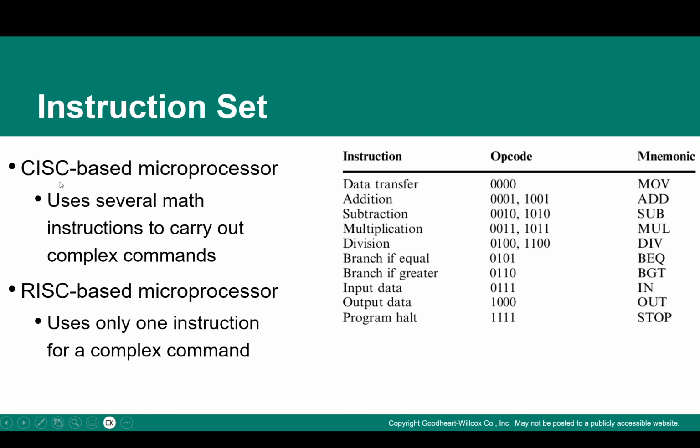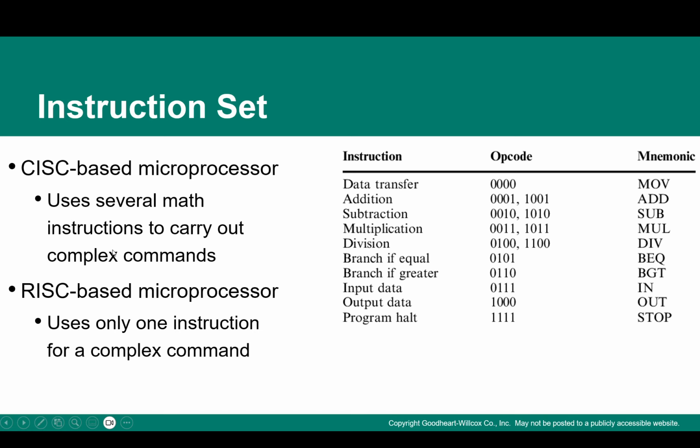The CISC type of smart chip uses several math instructions to carry out complex commands. What that means is, in order to fetch incoming data, or to do addition or subtraction, whatever instruction we ask it, it is going to take several computing cycles.